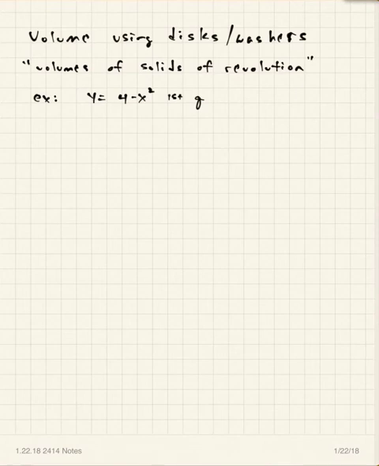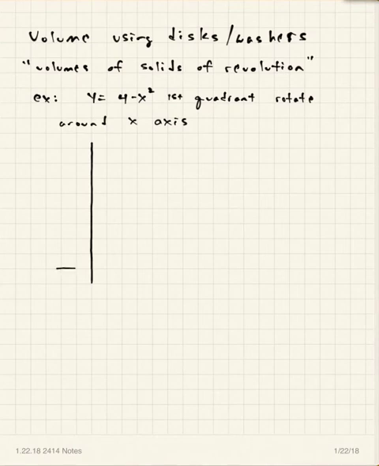So we're going to take that region in the first quadrant that the curve delineates, and rotate it around the x-axis to generate a solid of revolution. And what we're going to try to do is find the volume of that solid of revolution.